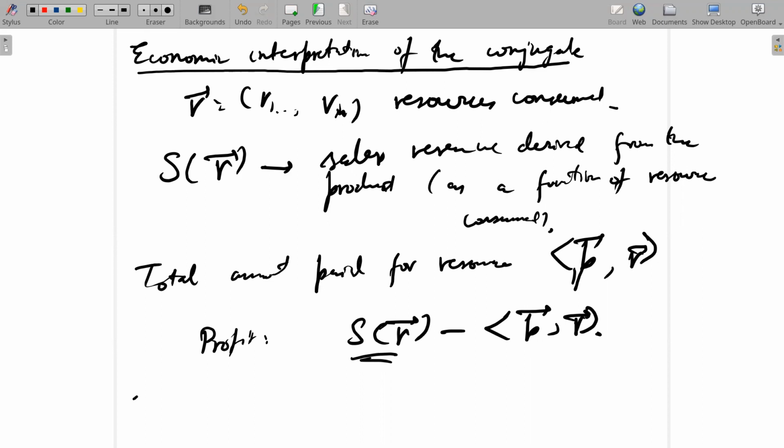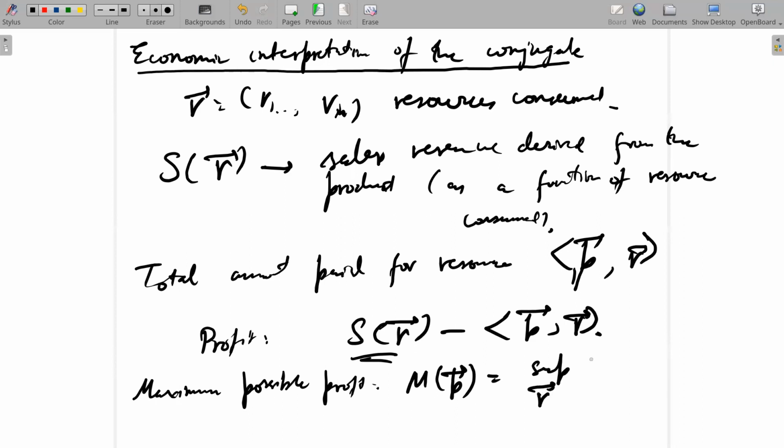So what is the maximum possible profit? M of P, as a function of P, is the supremum over R of S(R) minus P dot R. This is a function of resource prices.